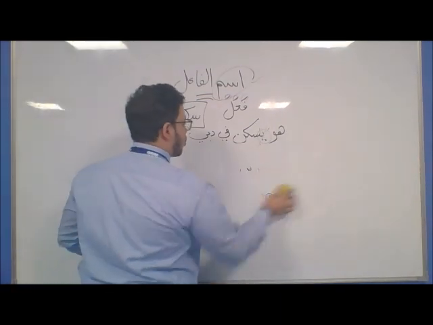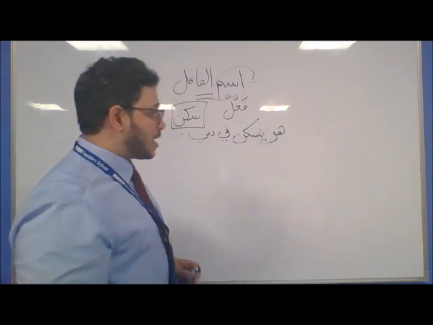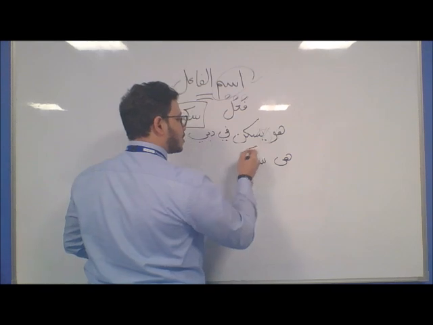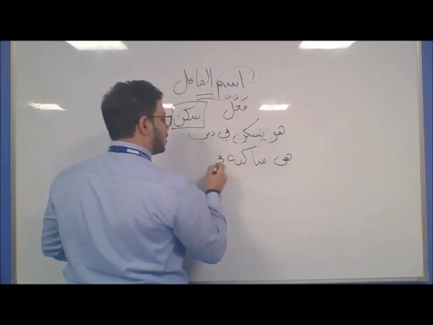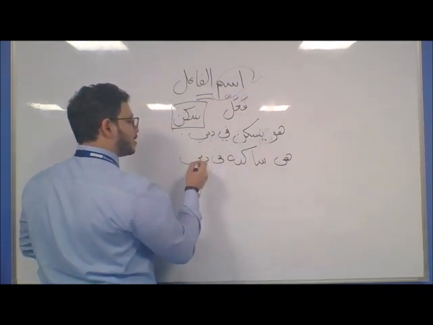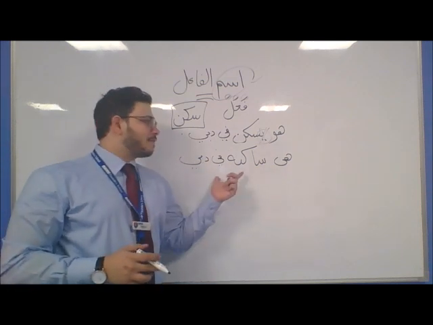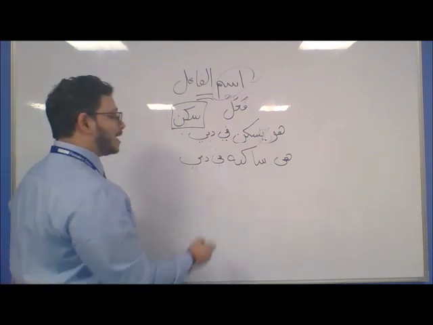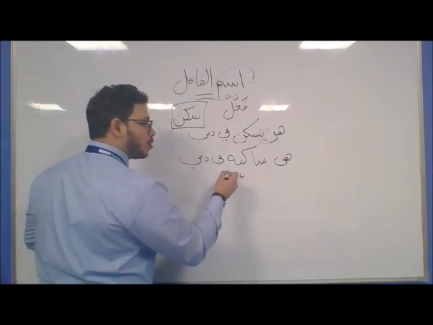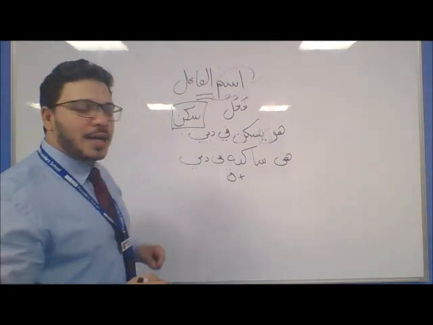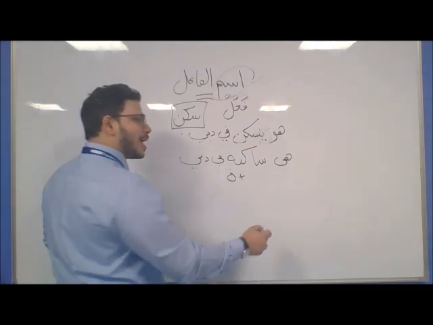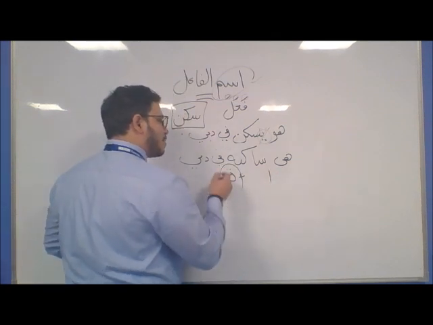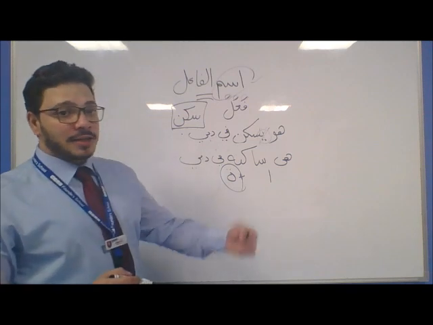Instead of saying هو ساكن, we will say هي ساكنة في دبي. It's the same steps, but we have to add here تاء مربوطة, which is the marker of the feminine. So we add alif after the first letter, and we add تاء مربوطة in the end.